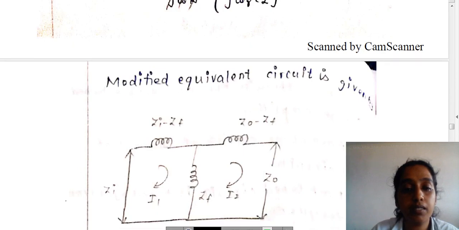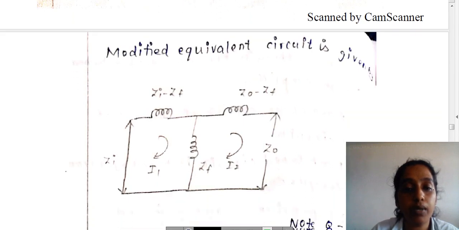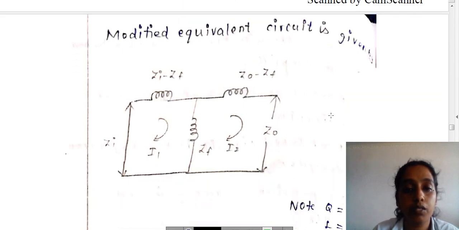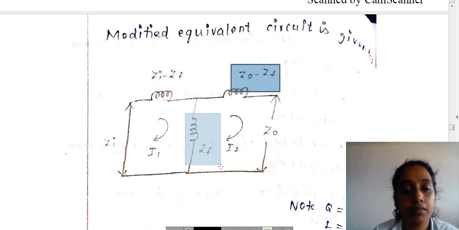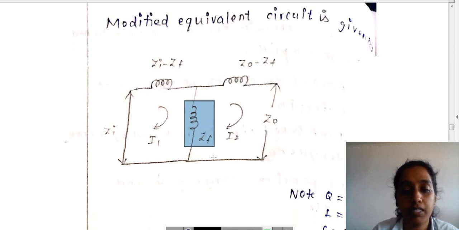Now consider the modified equivalent circuit. Considering the feedback, we have Zi minus Zf, and this is Z0 plus Zf, and this is the mutual inductance denoted by Zf. This is the modified circuit.